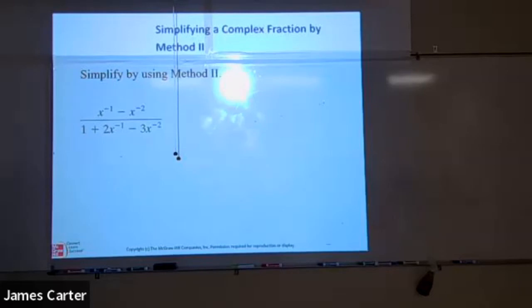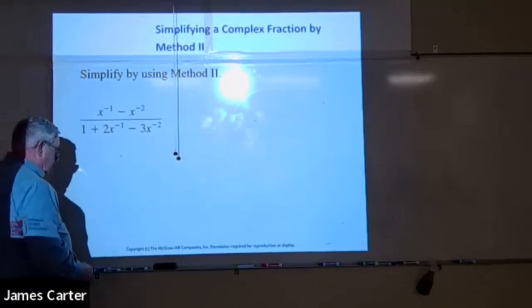There's something tricky in this. Remember what happens when you have negative exponents? You flip it or put it under 1 if there's no numbers. Okay.